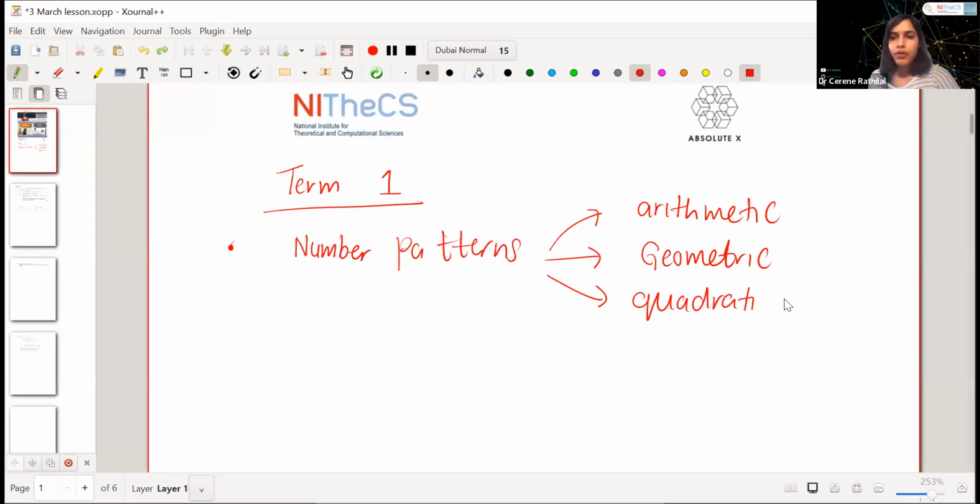In addition, you not only would have studied the sequences and the patterns in them, but you would have also looked at series, meaning the sum of the elements in these sequences, right? So a sum of an arithmetic sequence, the sum of geometric terms, and the sum of the quadratic terms from the sequence, and we refer to that as a series.